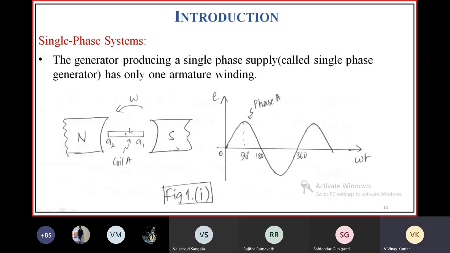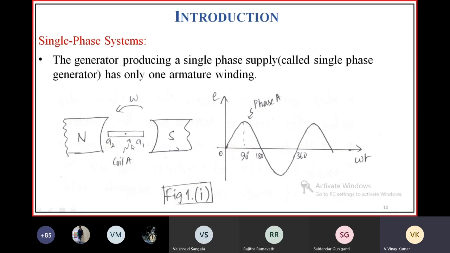According to Faraday's laws of electromagnetic induction, whenever flux linking the coil changes, EMF is induced. So I am rotating the armature winding. A single phase generator has only one armature winding. That armature winding is rotated inside this magnetic field.